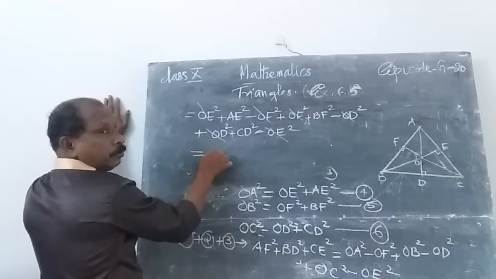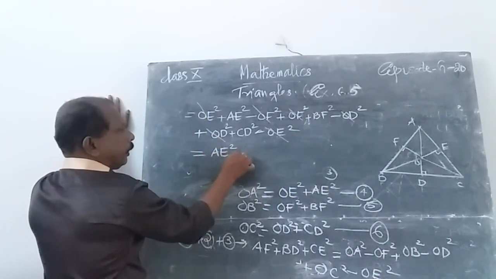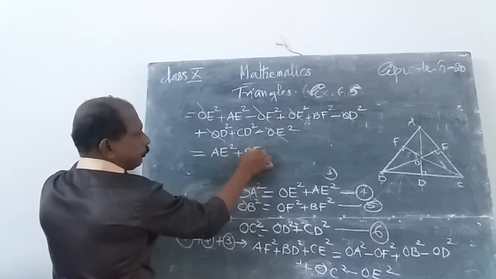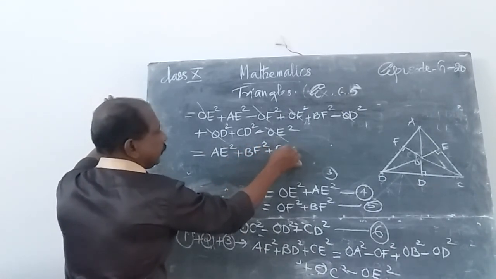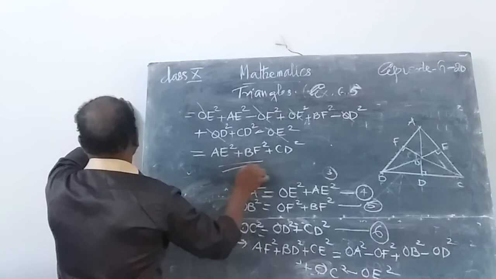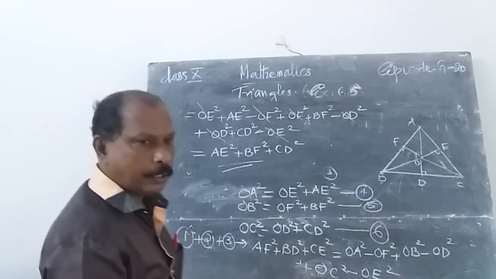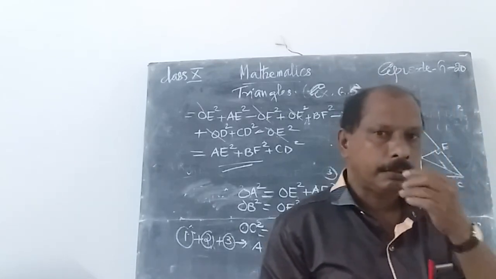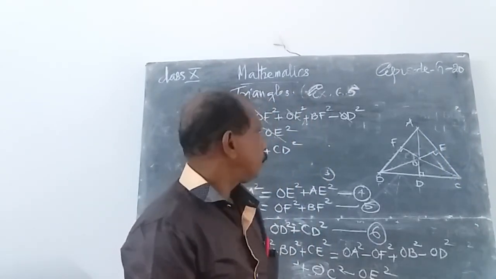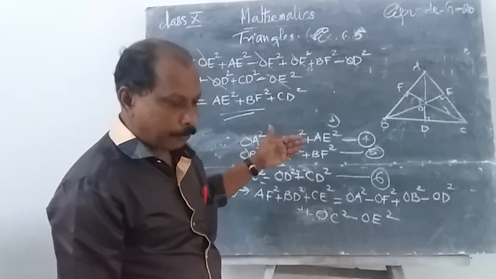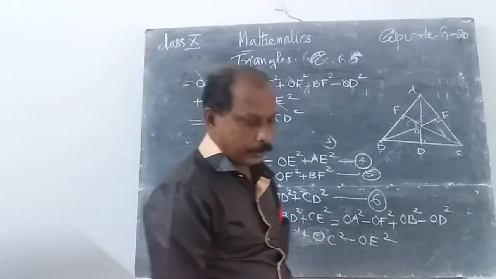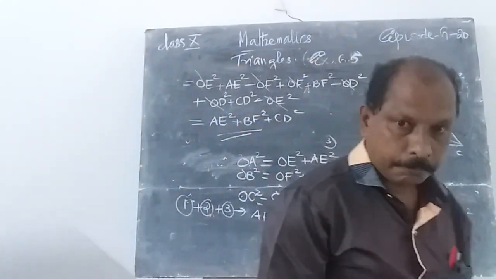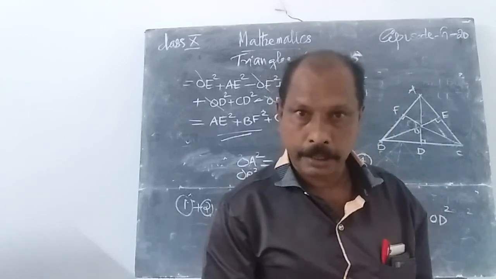That is equal to AE square plus BF square plus CD square. That is the second answer. Therefore, all other questions of that exercise will be discussed next. Okay.